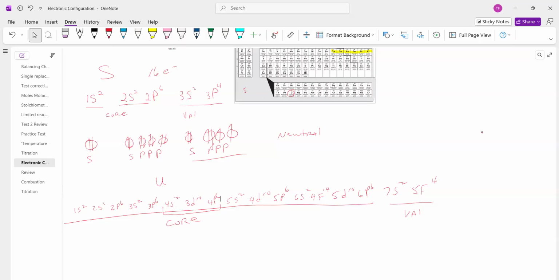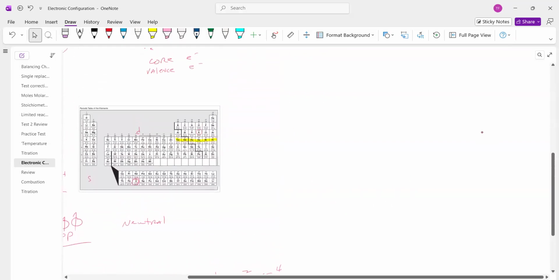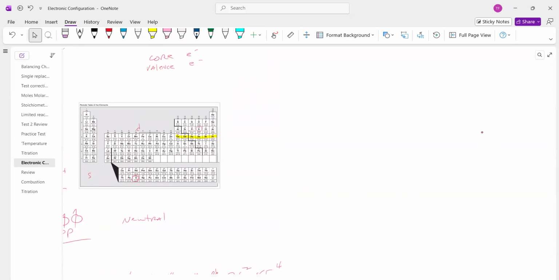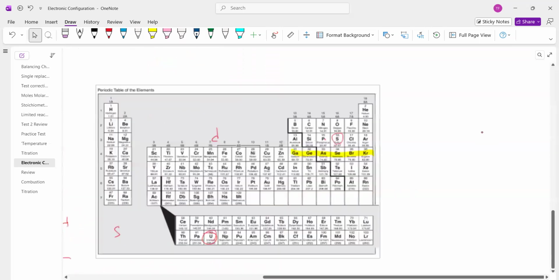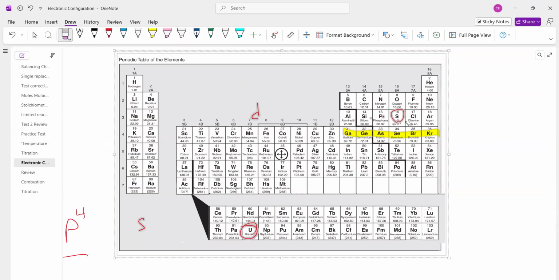So we're going to go over to here, and you might want to take a periodic table if you have one.